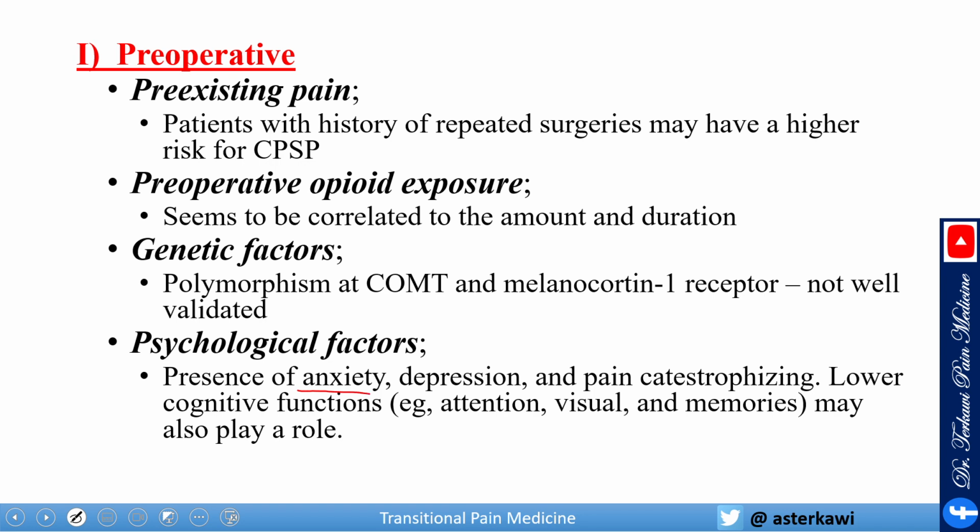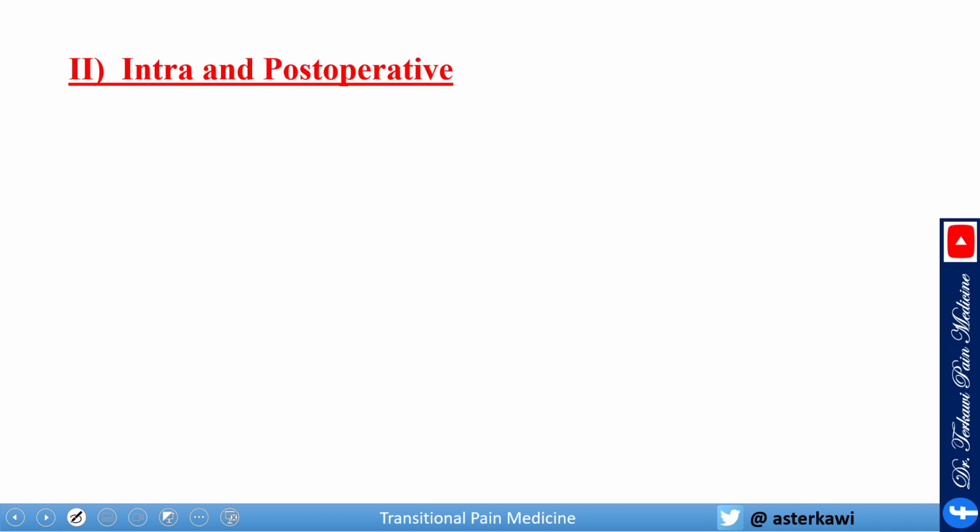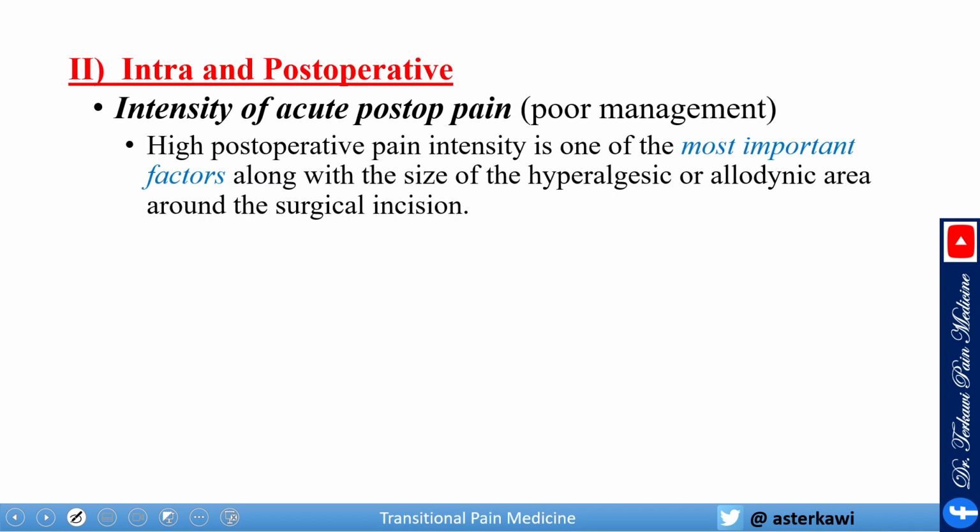Presence of anxiety, depression, pain catastrophizing, and lower cognitive function may also play a role. Then intra and post-operative, we have intensity of acute post-op pain, meaning poor management of acute post-surgical pain. And this is the most important factor, and it's the most modifiable factor as well.